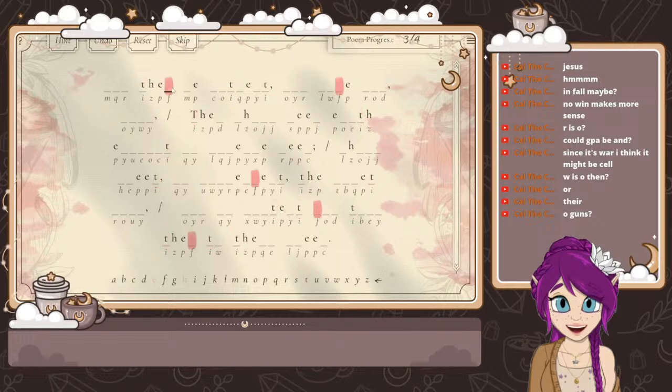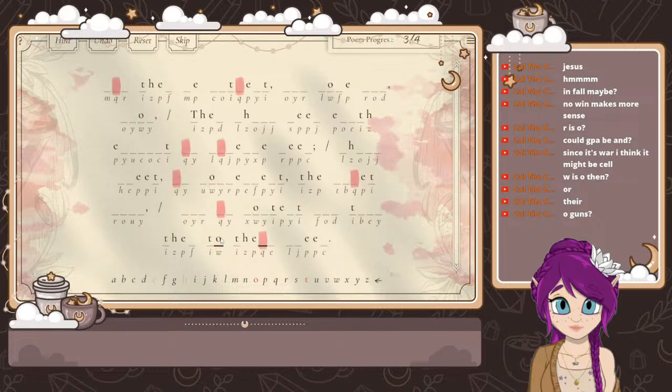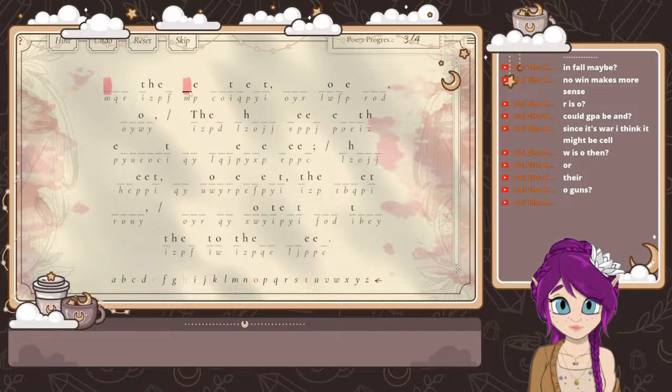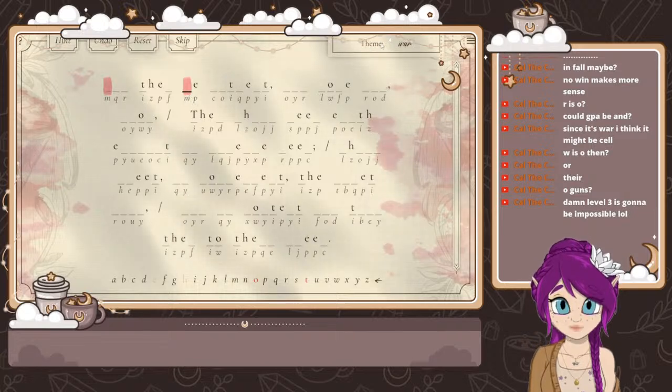That's their something. Two. Them or they or something like that. Me? Level 3 will be impossible. Yeah, it's a lot of guesswork.